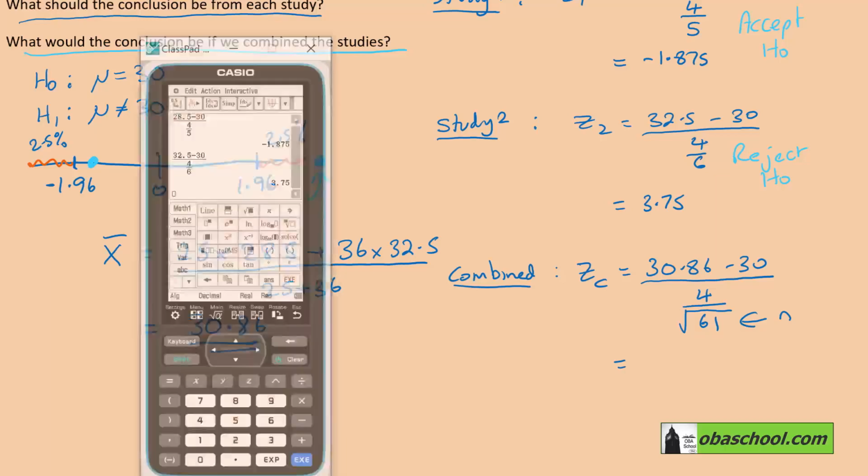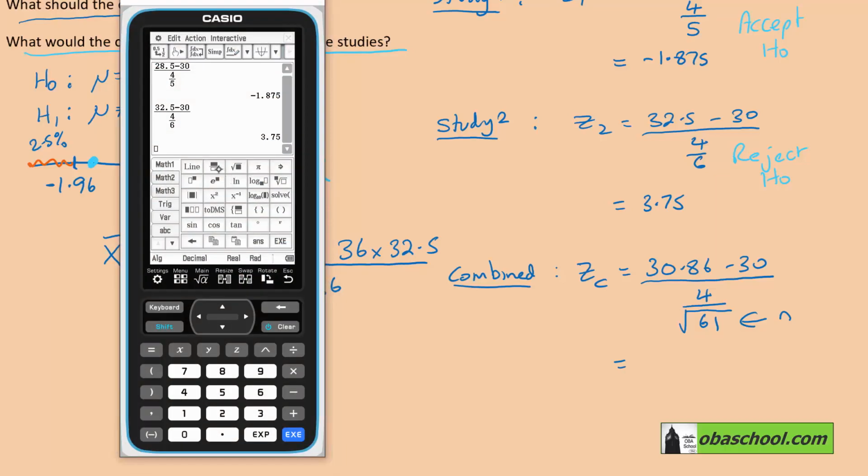Okay, let's calculate that. So I've got 30.86 take away 30, and that's divided by 4.